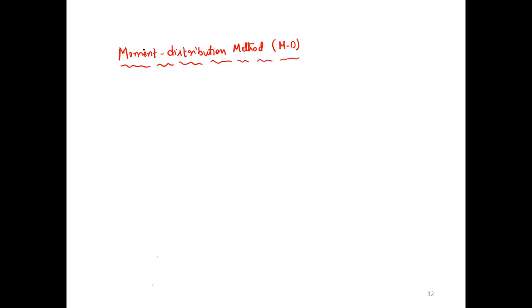We are doing the moment distribution in this particular method to arrive at the final moments. So without wasting time, we will move directly to this method: what is meant by moment distribution, and how we are going to solve the problems. I will move on to the steps involved to solve the problem.